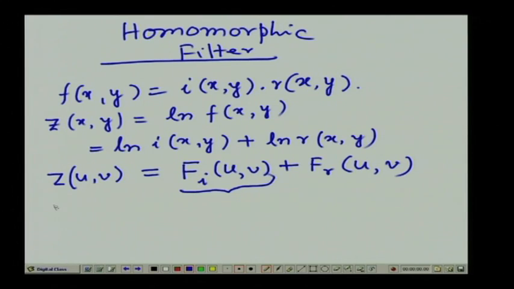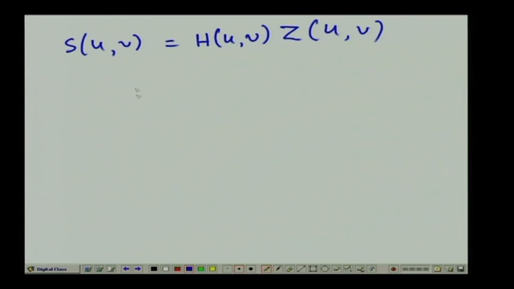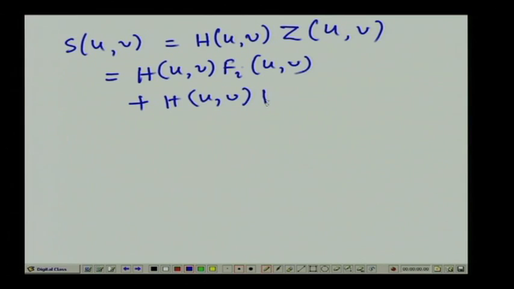Now, if I define a filter, say H u v, and apply this filter on this Z u v, then the output that I get is, say, S u v, which is equal to H u v times Z u v, which is nothing but H u v times F_i u v plus H u v times F_r u v.